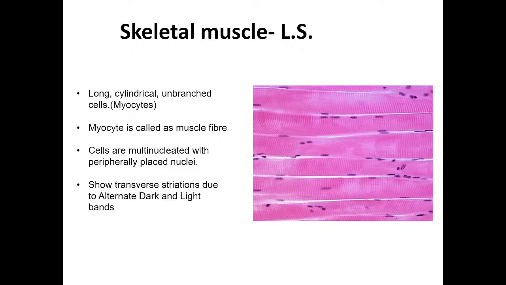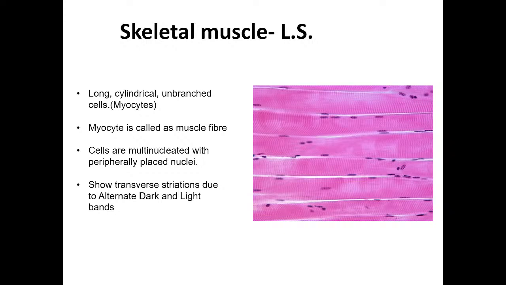The myocyte in the skeletal muscle is multinucleated. That we have to remember, and these nuclei are pushed towards the periphery, towards the cell membrane of the myocyte.